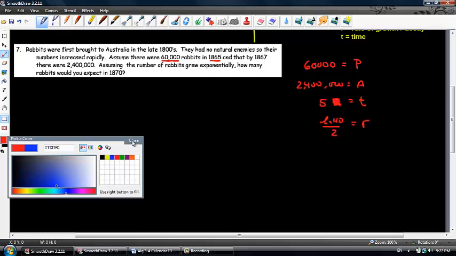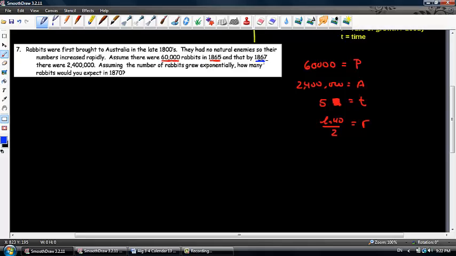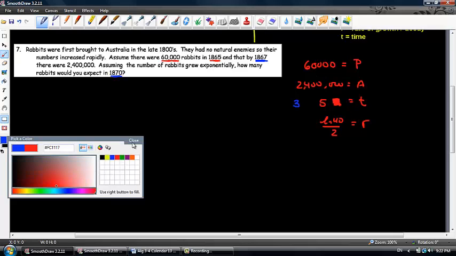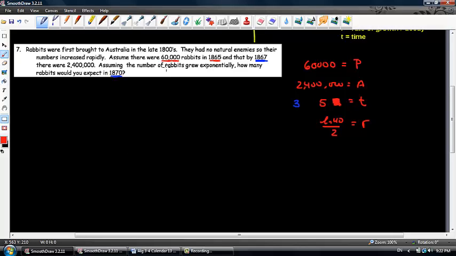If I decided, in blue, to use 1867 as my base year, then to 1870, that would be 3. And then I would have to change my numbers of rabbits based on which year I chose. I'm going to go ahead and choose 1865 as my year, so I'll do the problem in red.